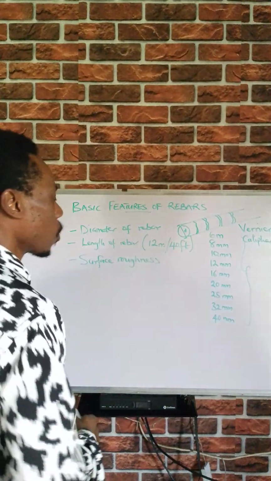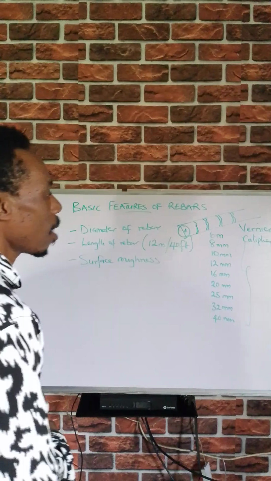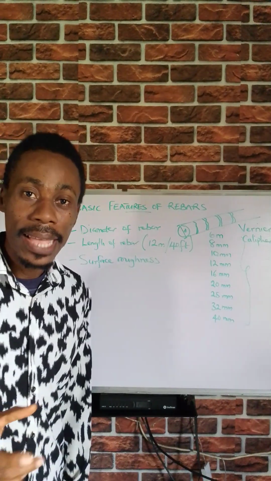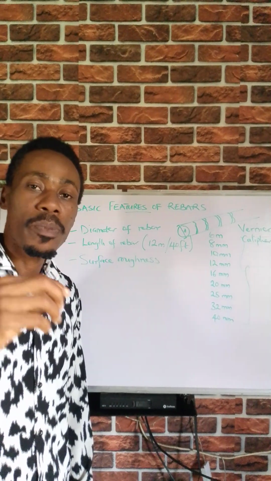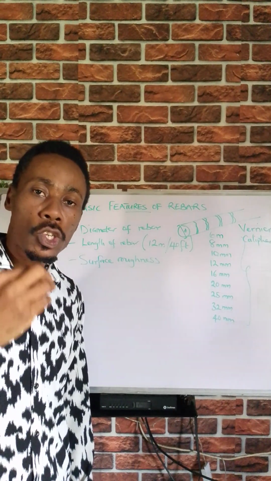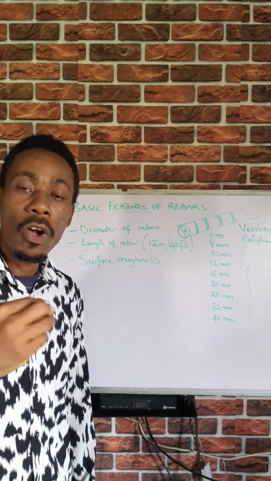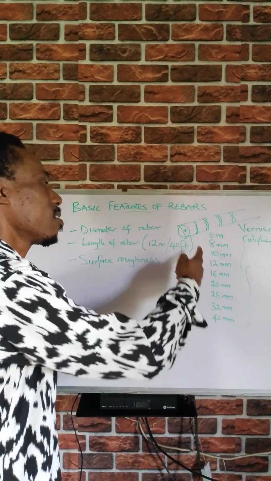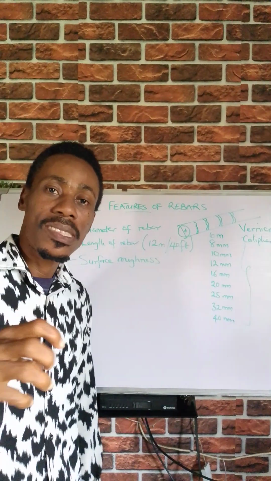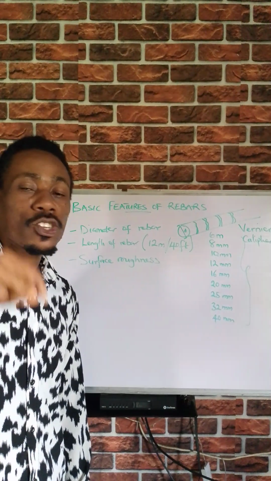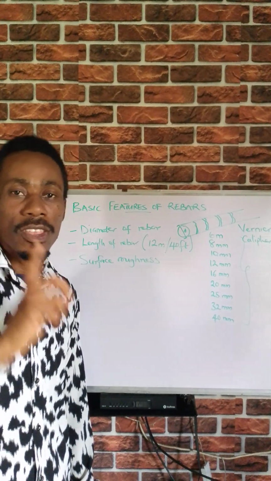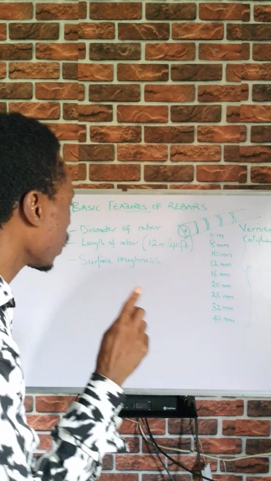Now this deformation enhances proper bonding. All right, it enhances better bonding, because reinforcement and concrete have this mutual compatibility. Now it is this deformed surface that also enhances the bonding strength that should exist between your concrete and your reinforcement. So I want you to take note of that.